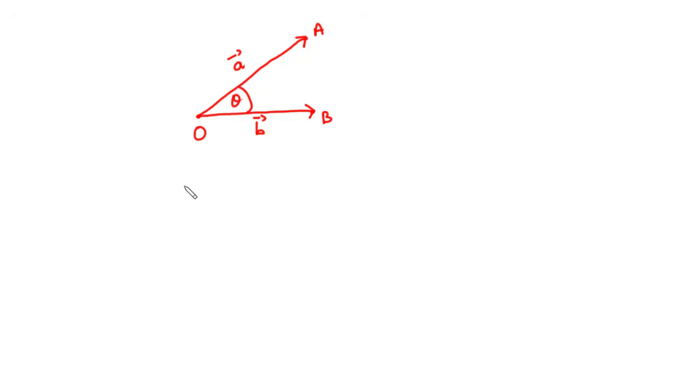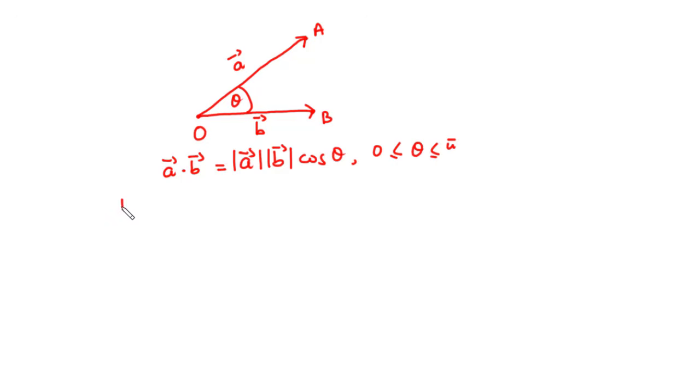Now in that case, the dot product of vector A and vector B, which is written as vector A dot vector B, is said to be the magnitude of vector A times the magnitude of vector B times cosine of the angle theta, where theta is less than or equal to pi and greater than or equal to 0.